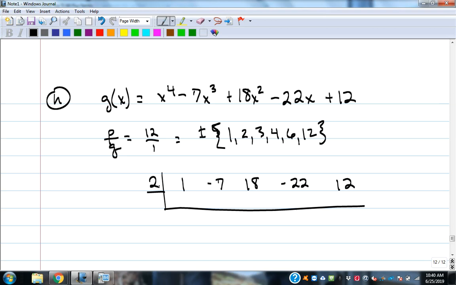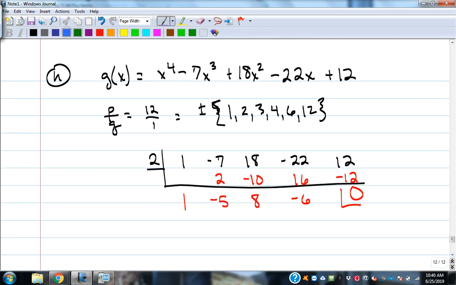And then run the synthetic division with that. So 1. There's that 0 in the remainder. So that tells us 2 is an answer to this. Now, I also know that 3 should be an answer to that. So I'm going to do synthetic division again using this line.